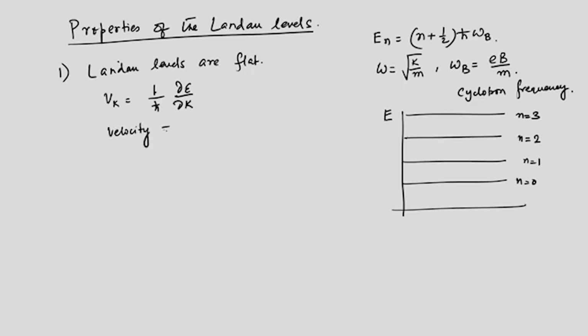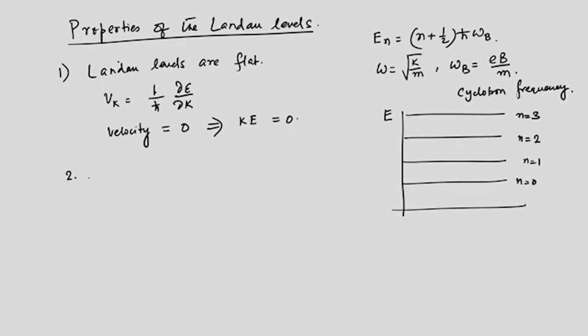Velocity of the electrons is 0, and that means the kinetic energy of the electrons is 0. So they have no kinetic energy, and the only energy that remains is the potential energy. Because the degeneracy is very high, it's very likely that they would be interacting at least moderately to strongly, and these effects we'll discuss later when we talk about the fractional quantum Hall effect. But these are some of the properties of these levels.